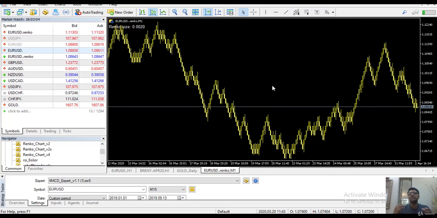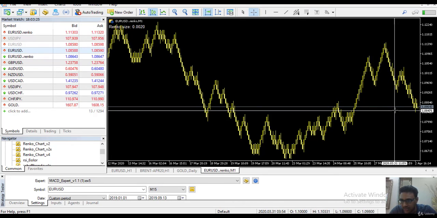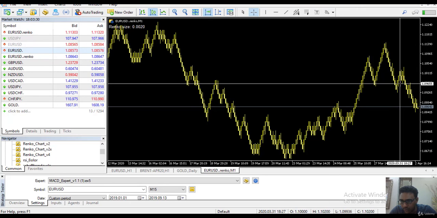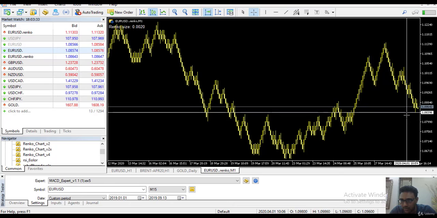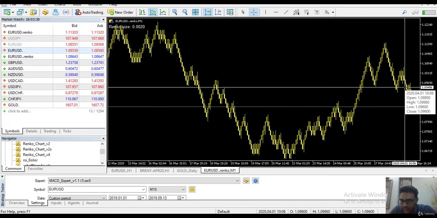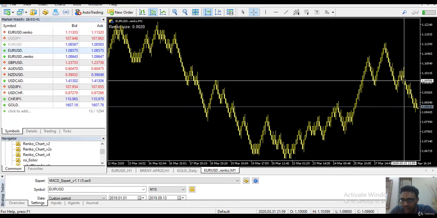Now you can see this gives an even clearer picture. There are very few ranges, and 80 to 90% of the time it seems that the chart is in trend. So each brick represents 200 points, and now we can also see the 30th and 31st March area. This was the 31st March around 11.